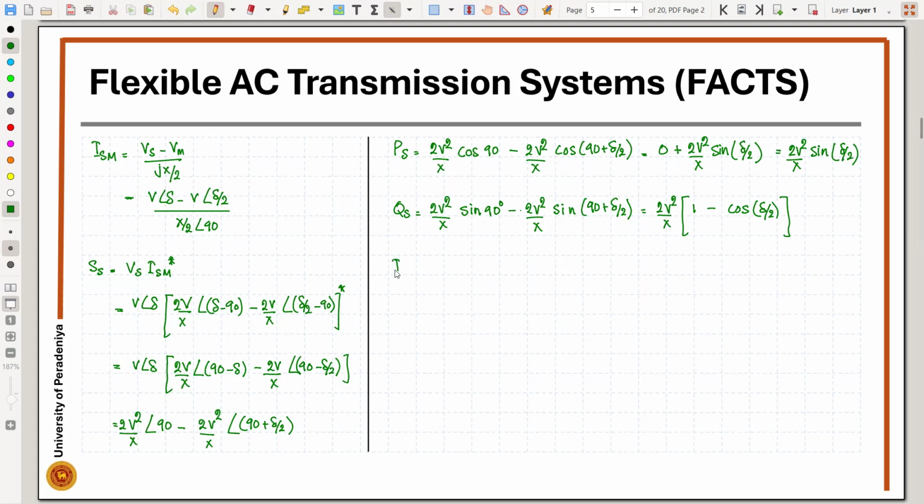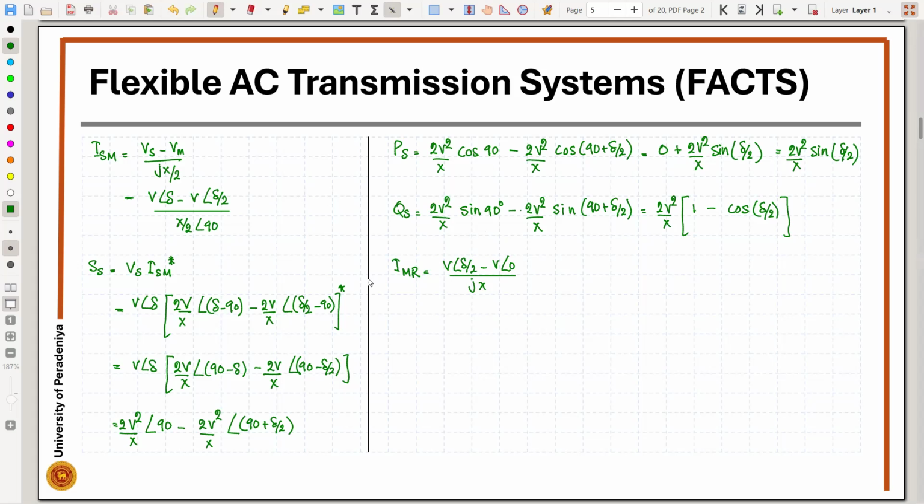So for that, we have to consider the midpoint to the receiving end voltage. So that would be (V angle delta by 2 minus V angle 0) over jX.